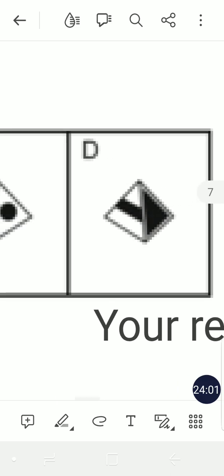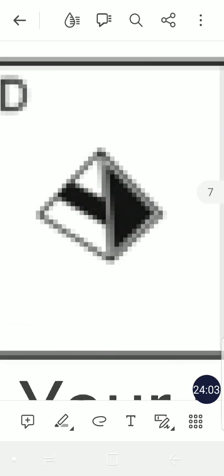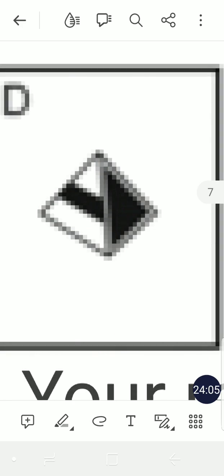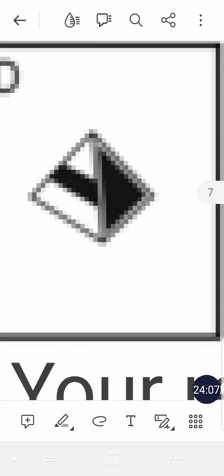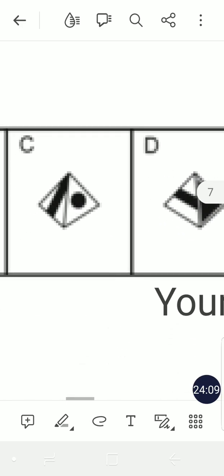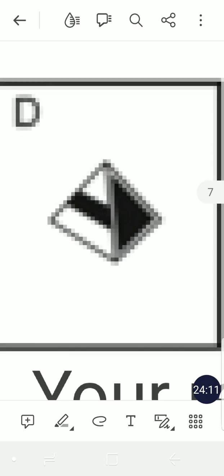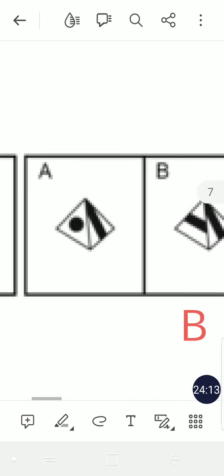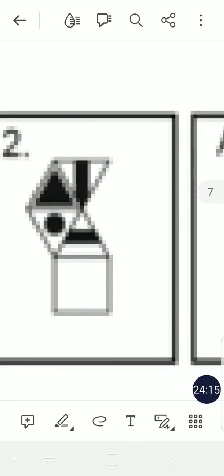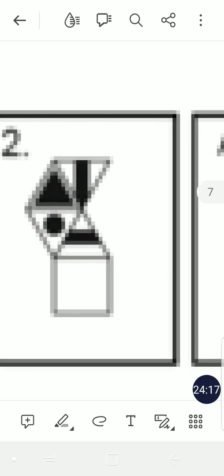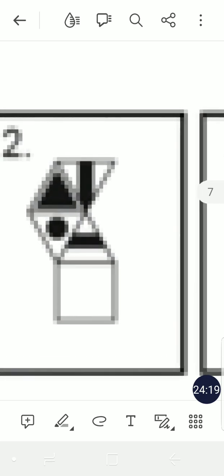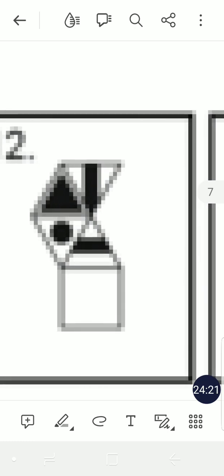And the same thing here, the shaded triangle is beside the horizontal line, and here they are away. Shaded triangle and the horizontal line is away as well.